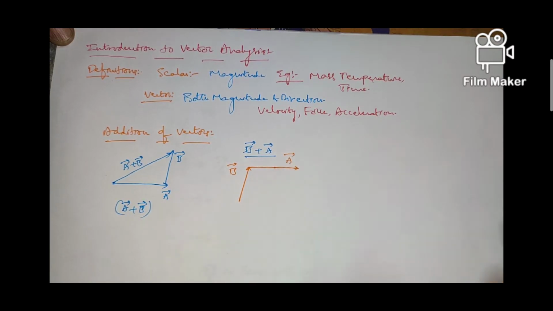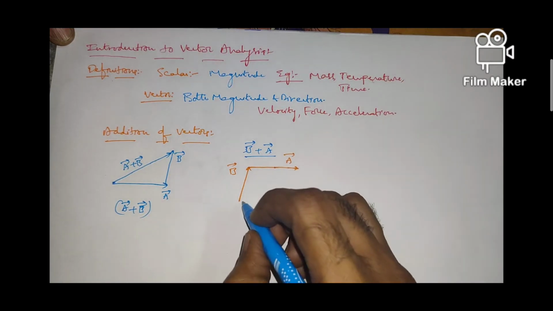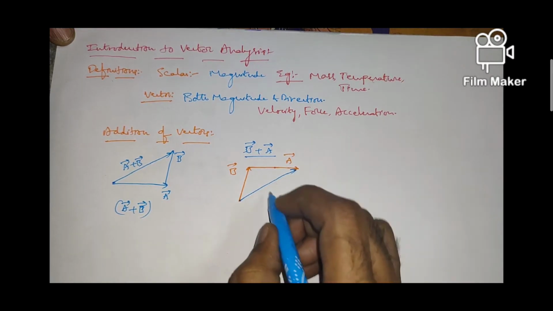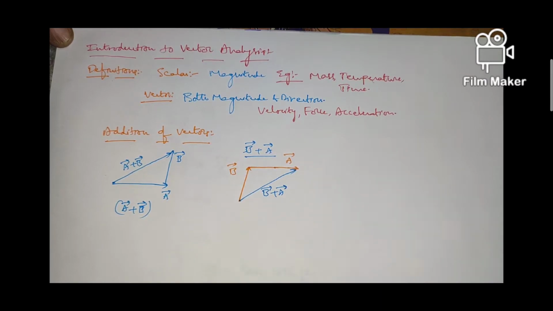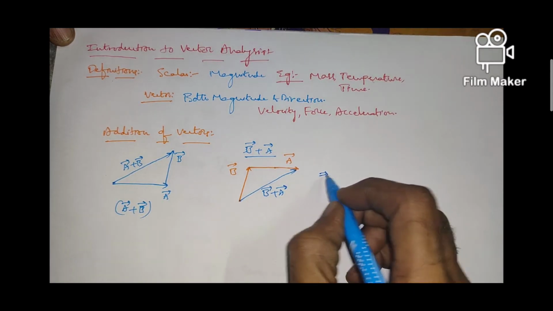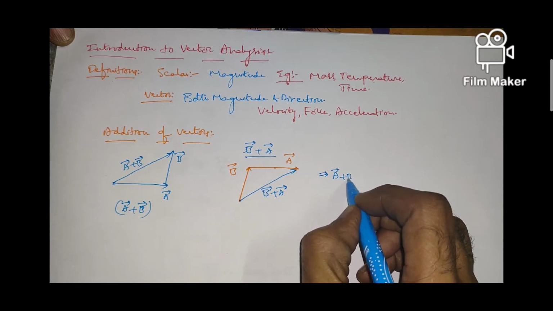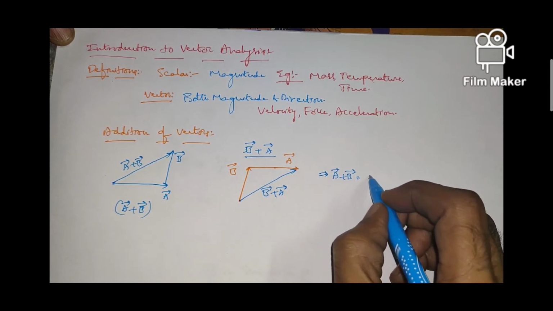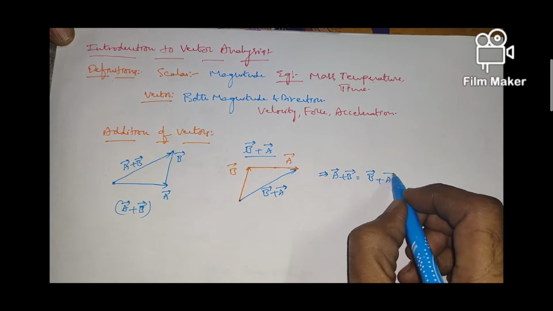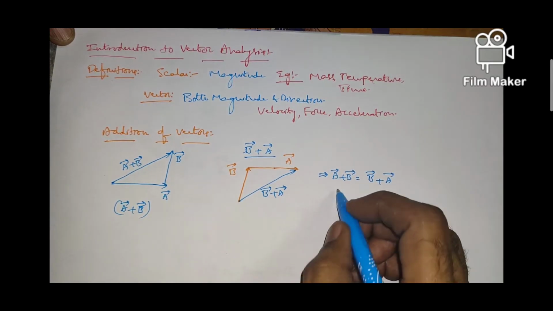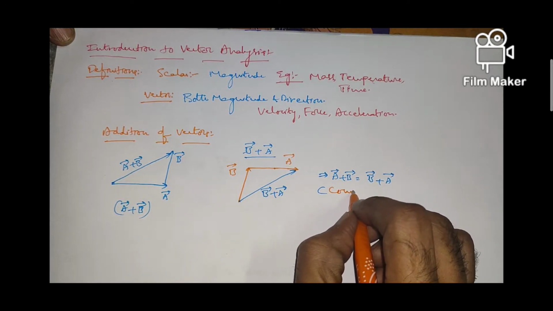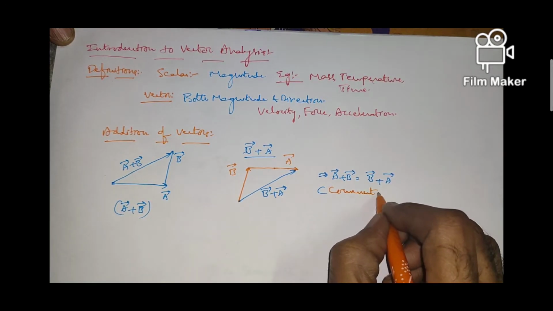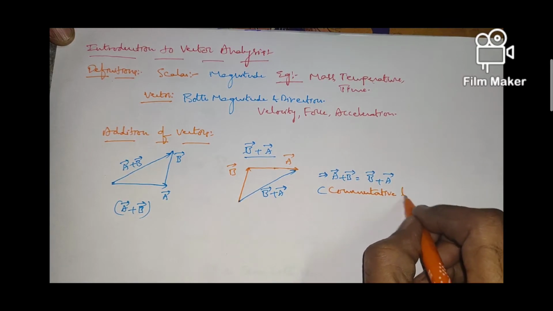Now the resultant of these two vectors b bar plus a bar is given by the closing side of the triangle, and we can observe that a bar plus b bar is equal to b bar plus a bar. Hence we can say that the commutative law of addition holds good when you consider the addition of vectors.